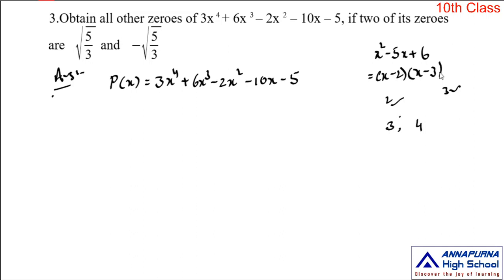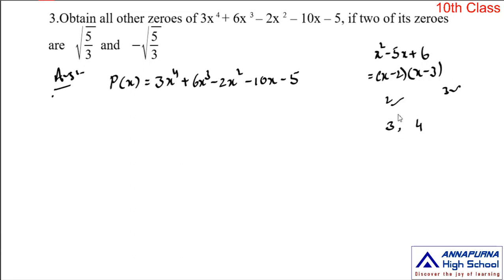When you multiply these two linear factors, we get the required quadratic polynomial. Apply the same process here. Here 3 and 4 are the zeros of a quadratic polynomial. We don't know that polynomial, but we know the zeros.